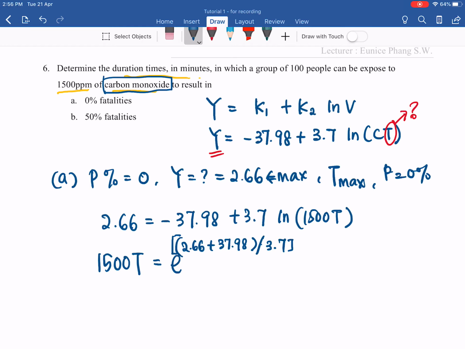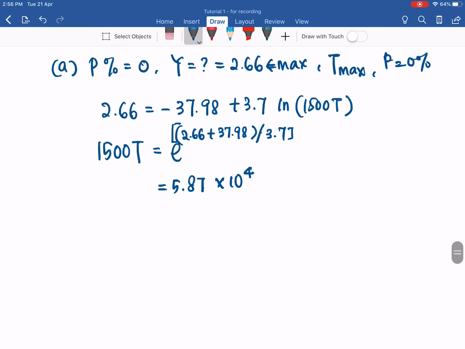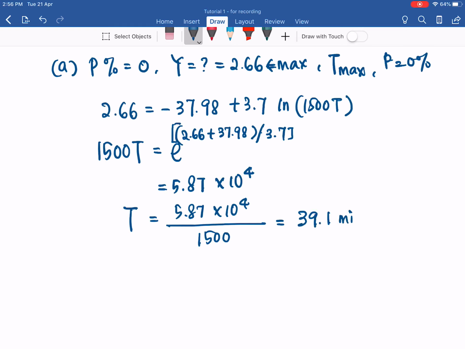Okay, so in that case you get something along the line of 5.87 times 10 to the power of 4. So if we put this down, T equals 5.87 times 10 to the power of 4 divided by 1500, you get along the line of 39.1 minutes.